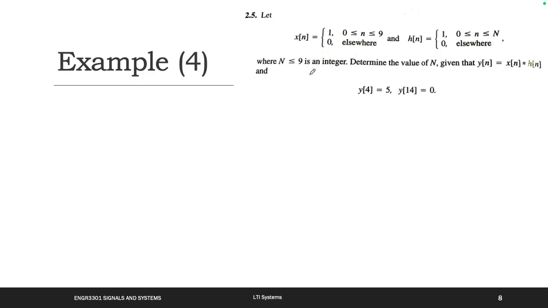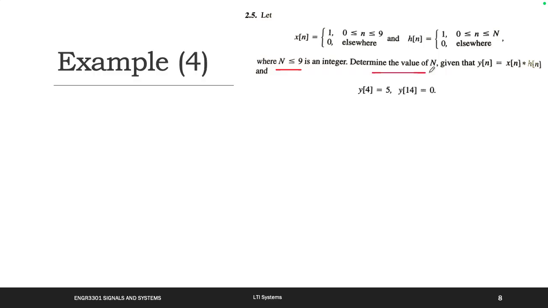Determine the value of n given that yn equals xn convolved with hn, and there are some conditions: y[4] equals 5 and y[40] equals 0.